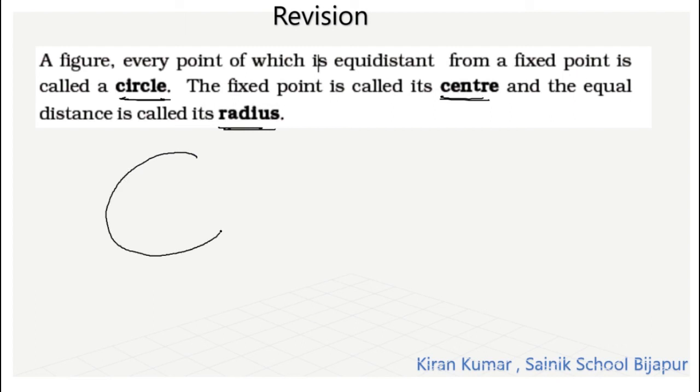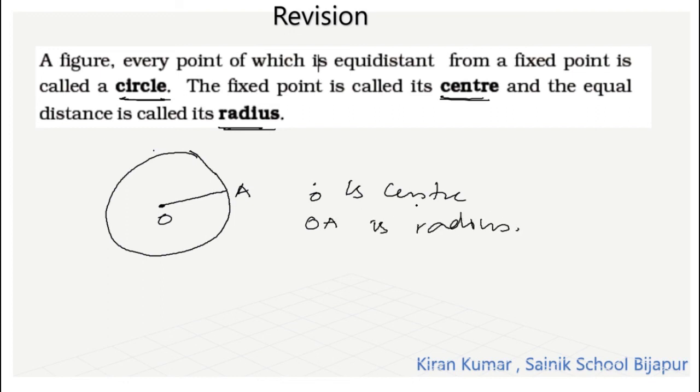Whenever all the points are at equal distance from the fixed point, this fixed point is called the center. Point O is the center. This distance, say OA, is the radius.